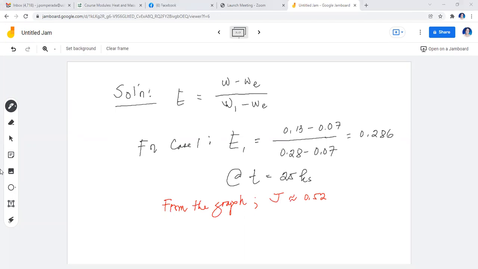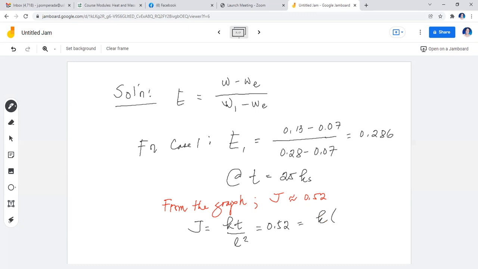So if it's 0.52, then we'll have J equal to K T over L squared, and this is equal to 0.52.